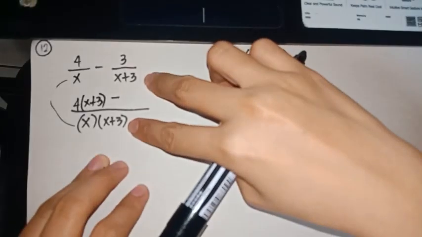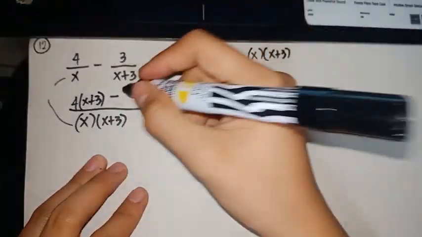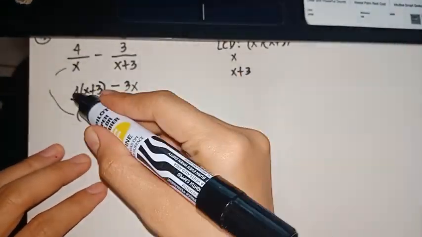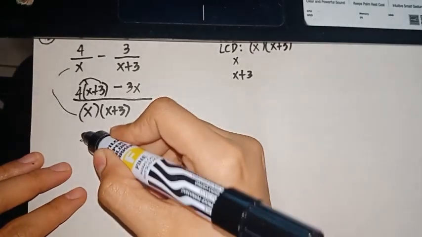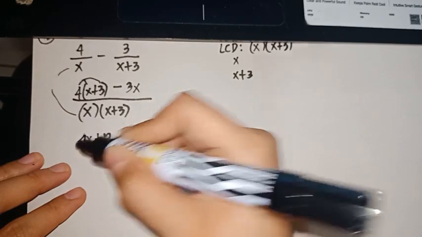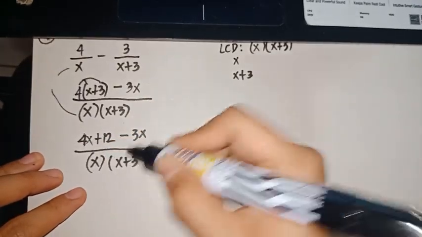Minus this one. We are left with x. x times 3, we have 3x. Now simplify. Distribute 4 with x plus 3. We have 4x plus 12 minus 3x, all over x times x plus 3.